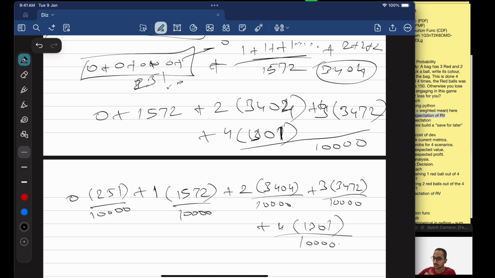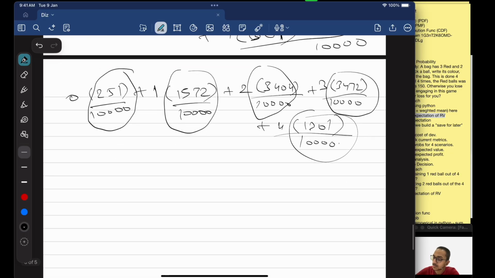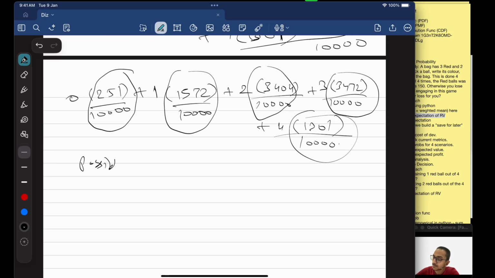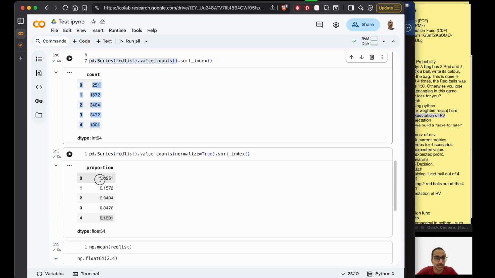So what is this? These are our probabilities, right? What is the probability formula, which is possible outcomes by total number of outcomes. So if you see here, 251 by 10k is nothing but 0.0251, the normalized version.